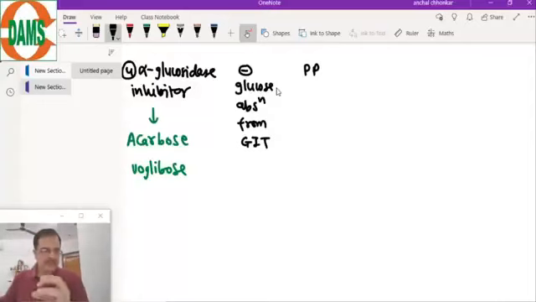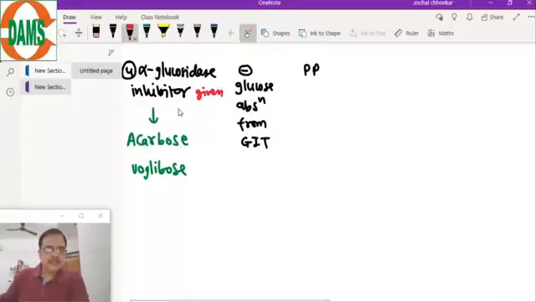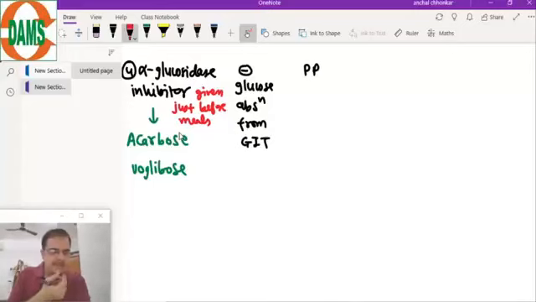And what is their timing? The timing of these agents is just before the meal, so that they will decrease the release of glucose from the food. So they are given just before the meals, or maybe this medicine is taken and the meal is started.